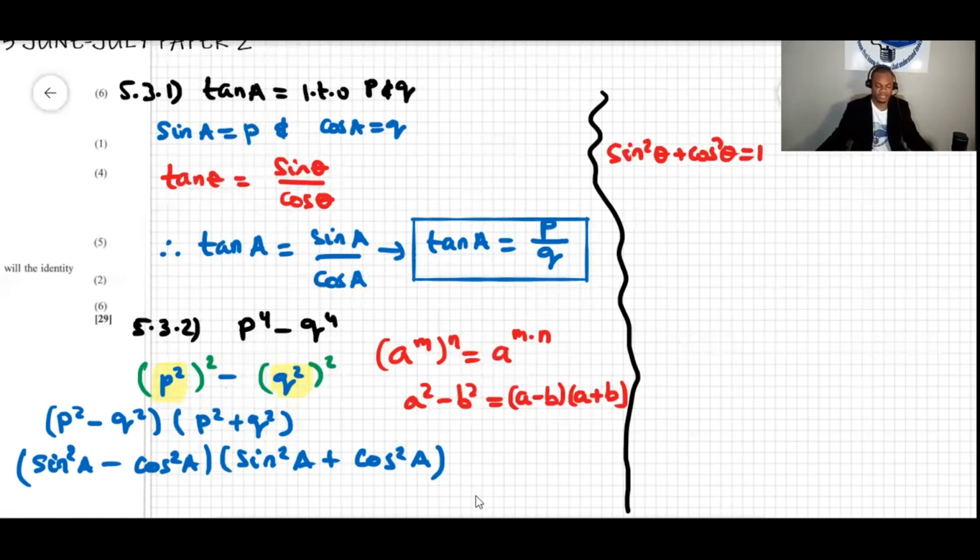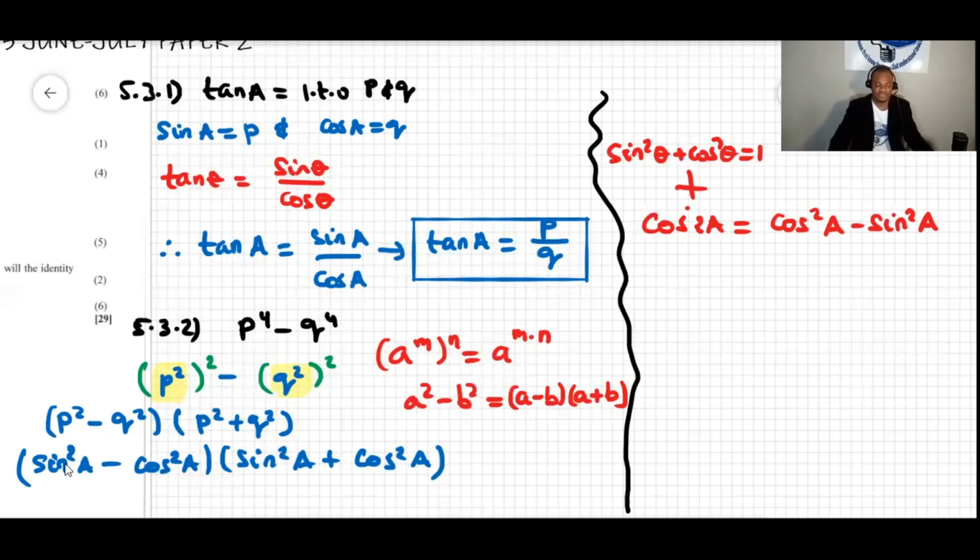The double angle identity, we do know that cos of 2A is equal to cos squared A minus sine squared A. So I'm going to use these two formulas to solve this.